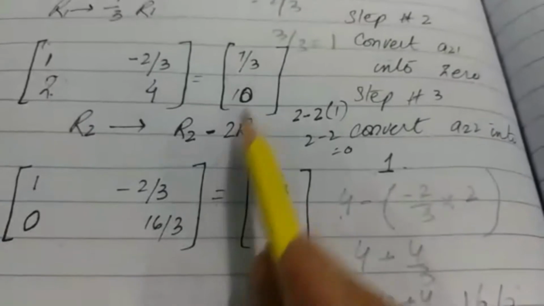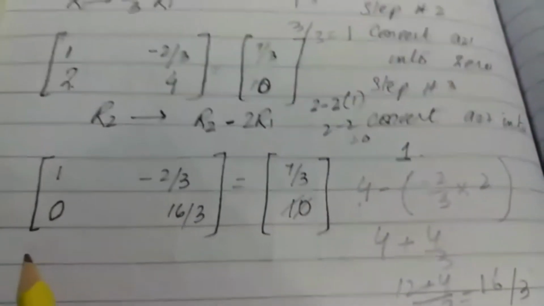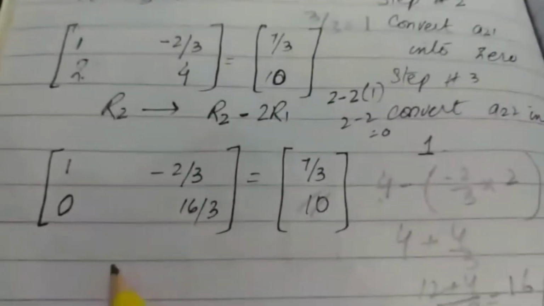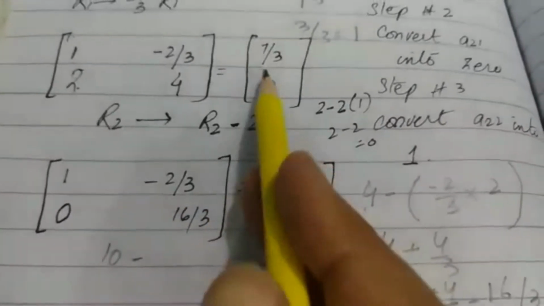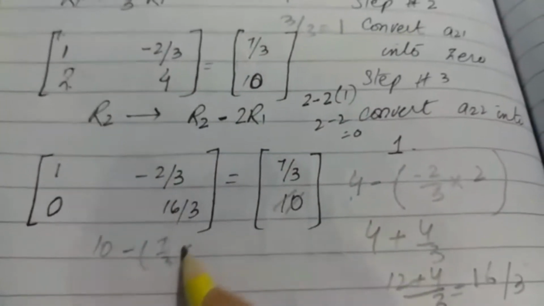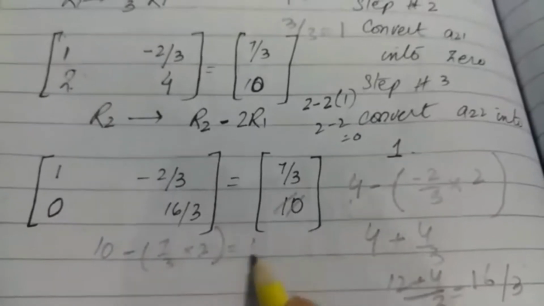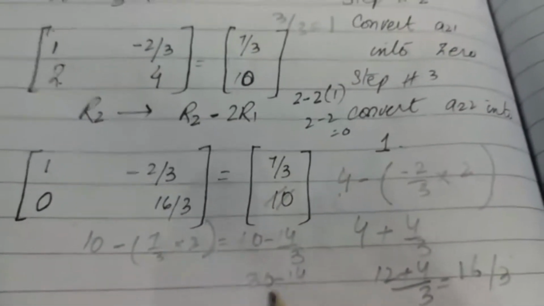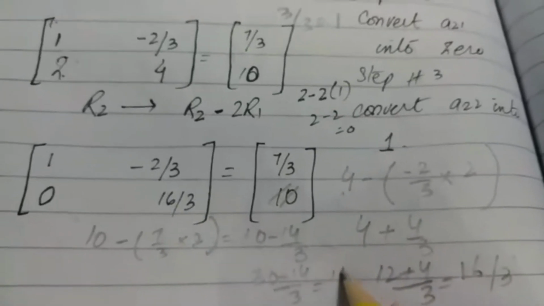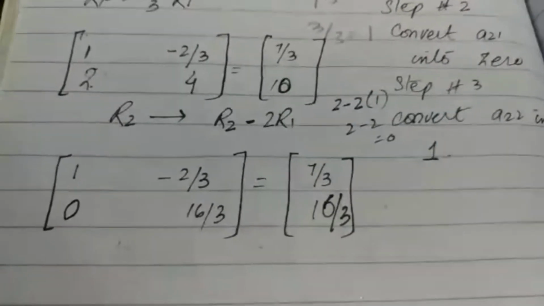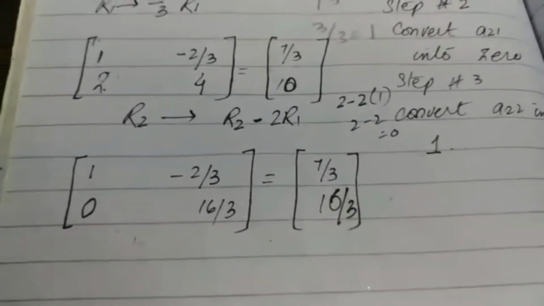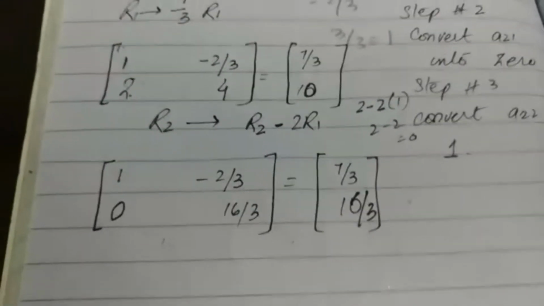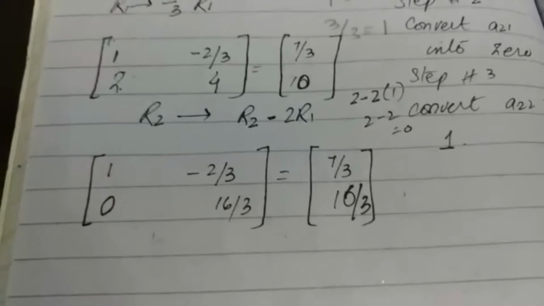I will show you the rough work for this one. 10 minus 7 upon 3 multiplied by 2 is 10 minus 14 upon 3, that is 30 minus 14 upon 3, which equals 16 upon 3. So we get R2 as 0, then 16 upon 3, and then again 16 upon 3.